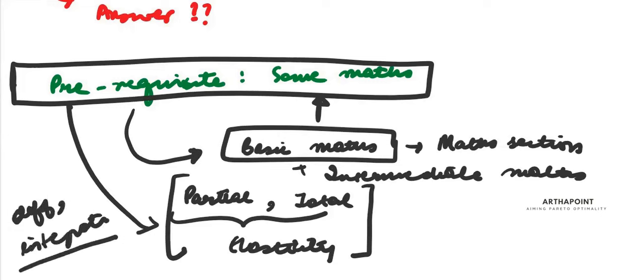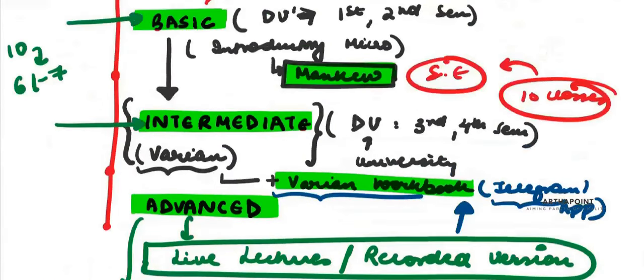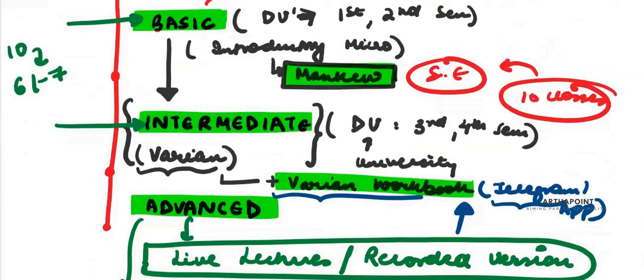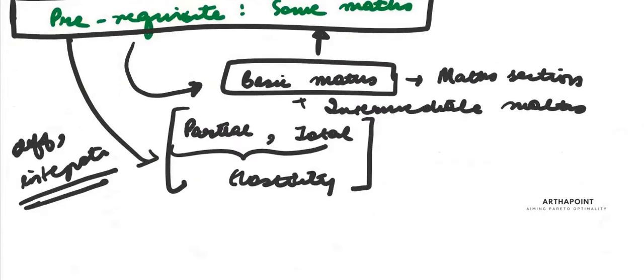You can look into those videos, and that will help you to understand the concepts that I will do here. Whenever I use differentiation, I will also tell you in the class that this is how I'm differentiating. But still, if you need, you can definitely go through these videos once to understand these concepts better.